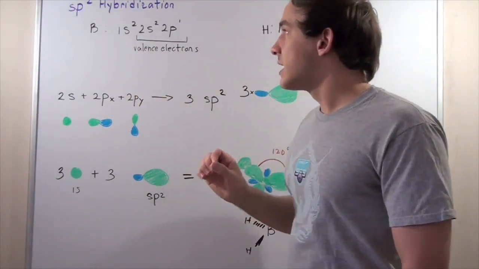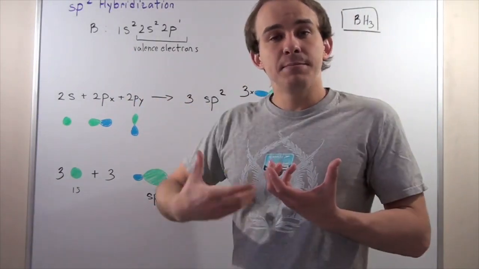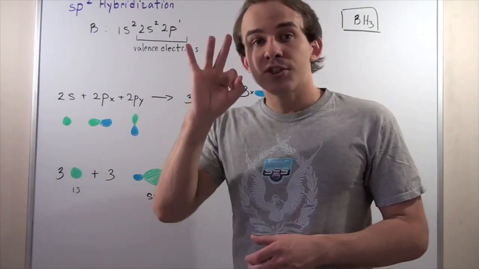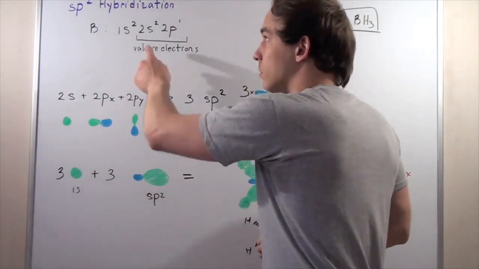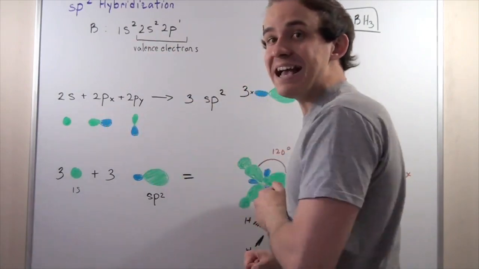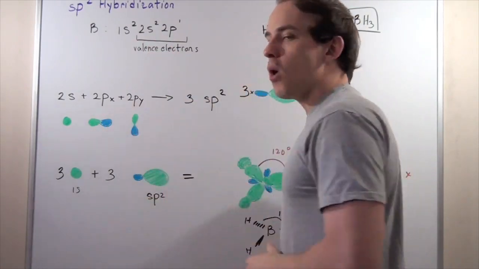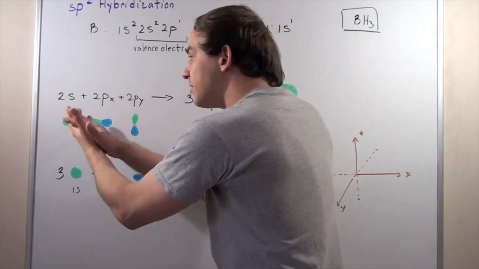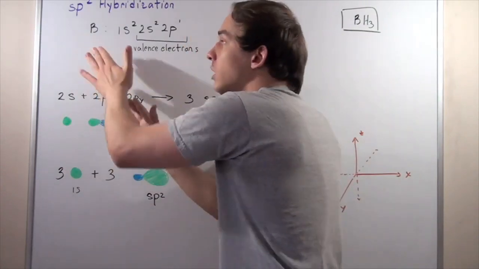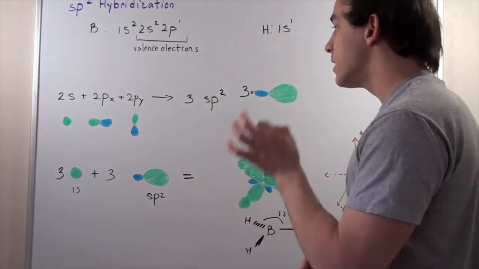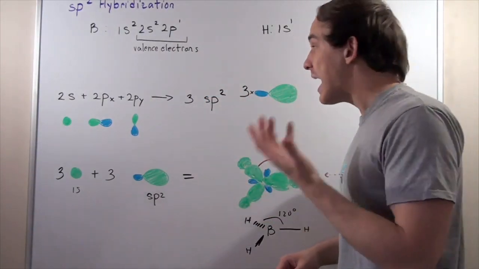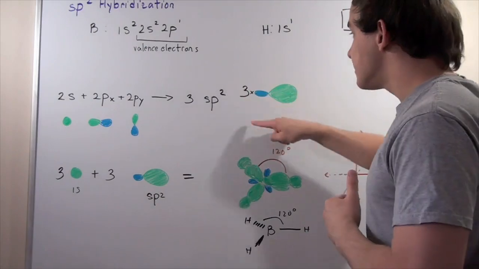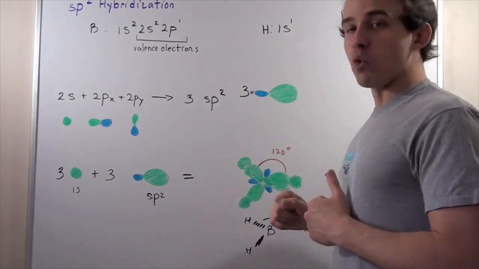So that means we're not combining s and p, but we're combining 3 orbitals. And these 3 orbitals are the 2s orbital, the 2px orbital, and the 2py orbital. So we combine these atomic orbitals of the boron atom and we form 3 identical sp2 orbitals or hybrid orbitals, and these look like this hybrid orbital here.